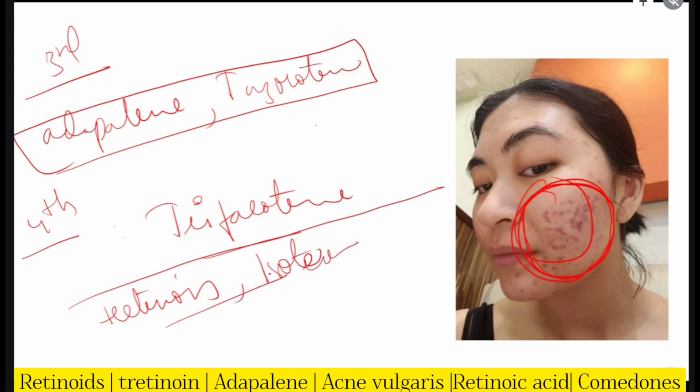The older retinoids, which are tretinoin and isotretinoin, these drugs are not safe in pregnancy. They cause some adverse effects, like erythema, and dryness, it causes dry skin.